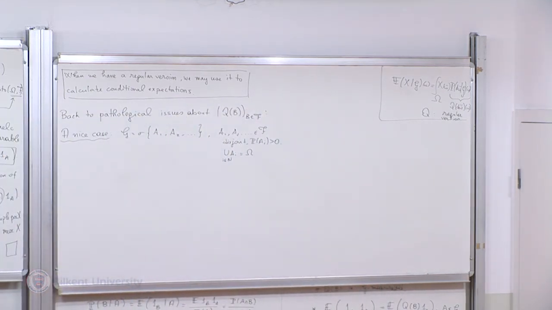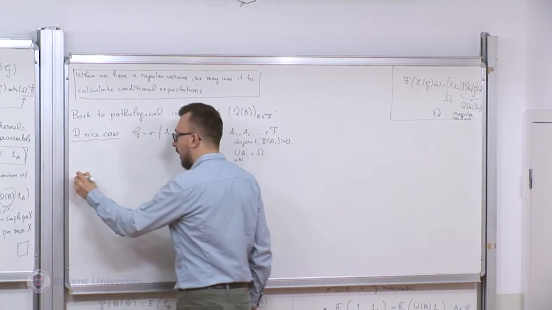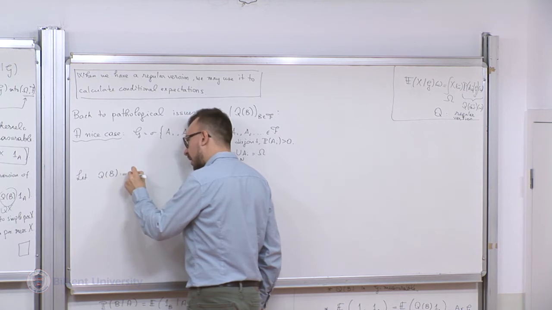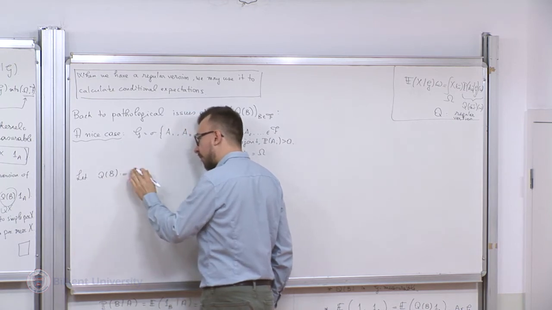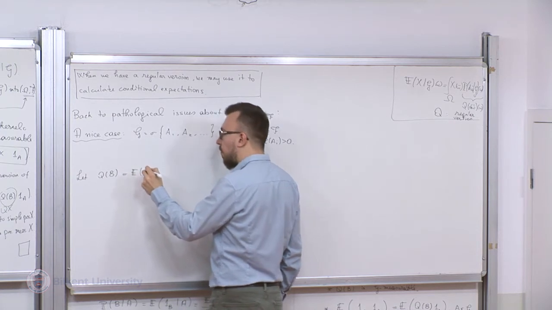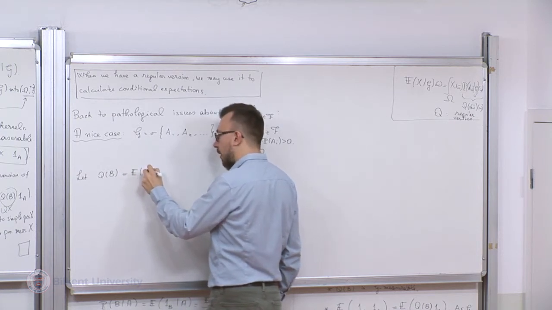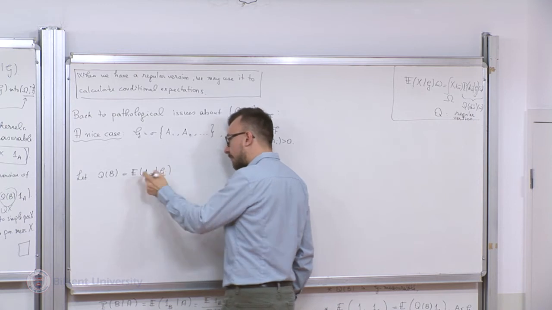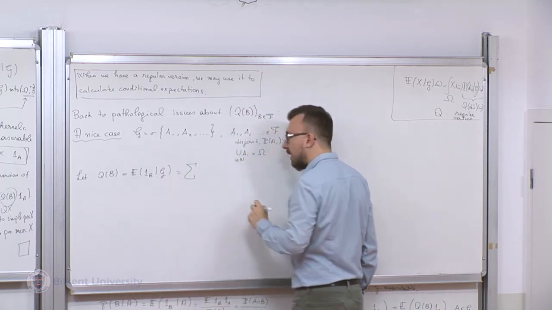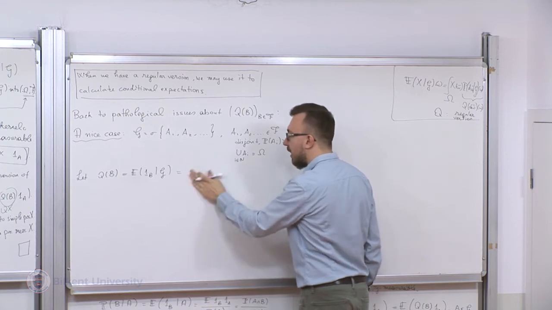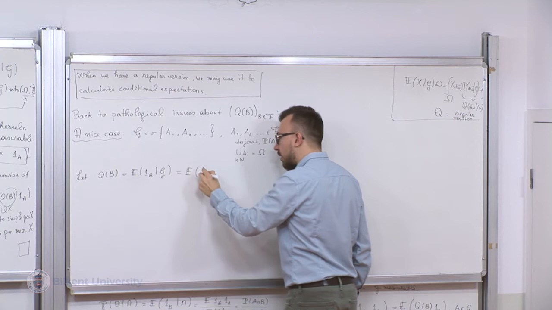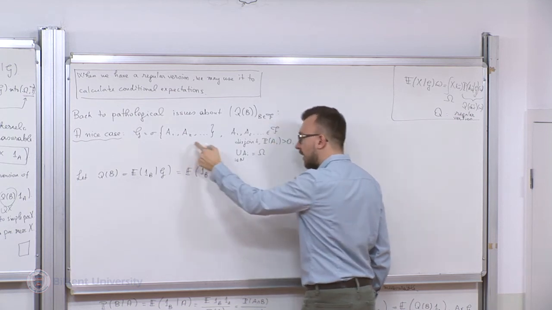So in that case, we may choose the version as a version of the conditional expectation of the indicator given G, which we created by the conditional expectations given individual events.